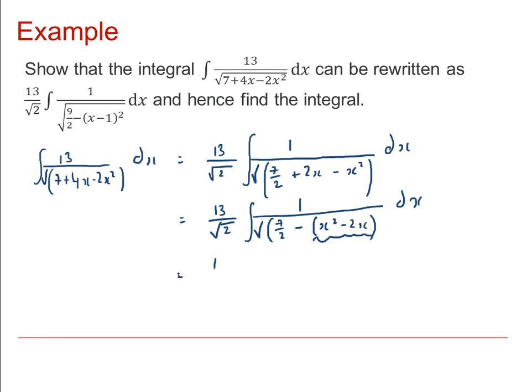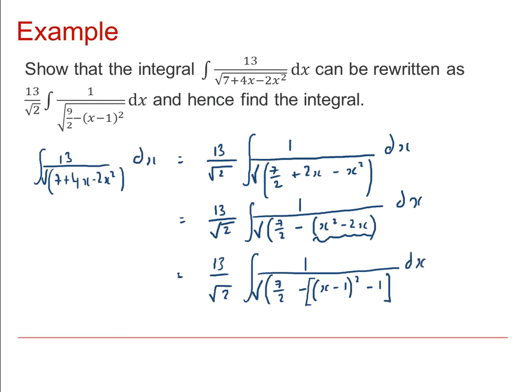Well, that will give me 13 over square root of 2, and then inside we've got 1 over the square root of 7 over 2, then completing the square, minus x minus 1 all squared, and then minus 1. So that when we take that minus of minus 1, that's going to give us 9 over 2, and hence you can see that we get the expression that we're asked to in the question.